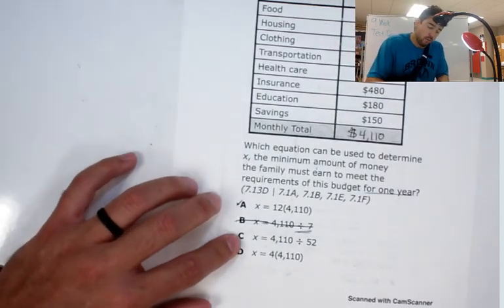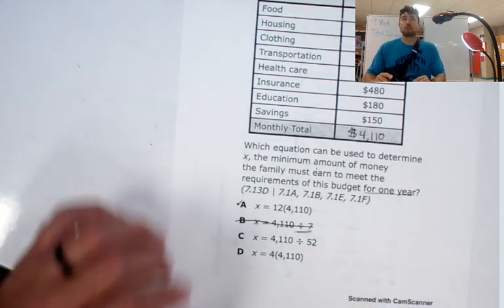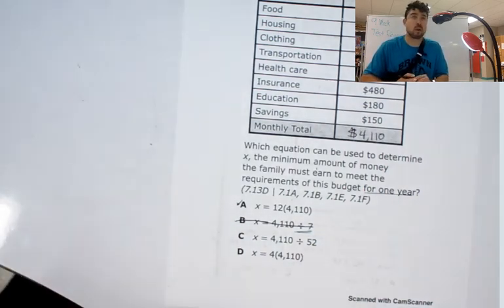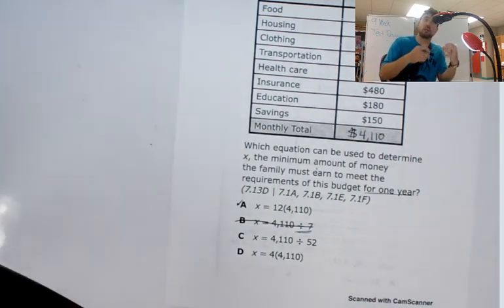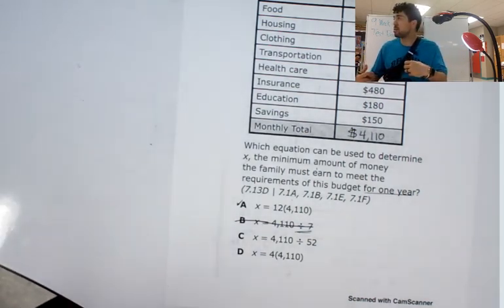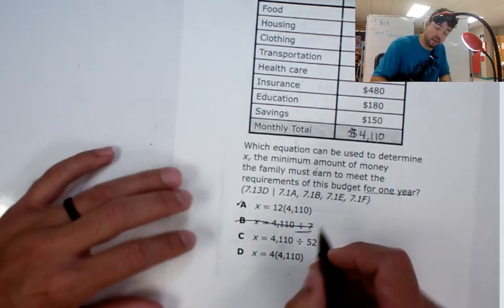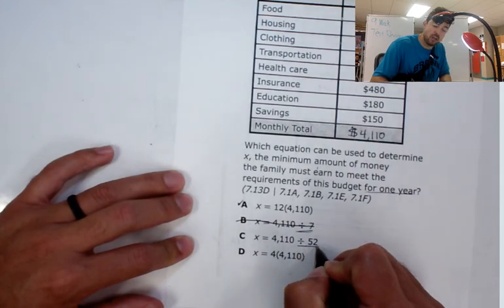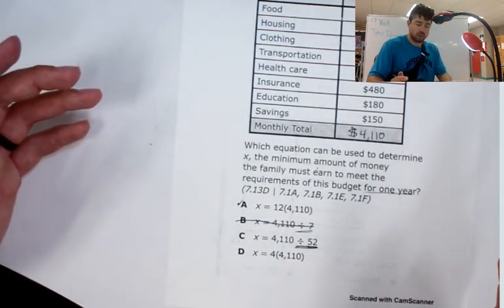C. 4,110 divided by 52. Why would they divide by 52? Think about 52 as it relates to time: days, months, weeks, and years. There's 52 weeks in a year. Are we trying to find out per week? No. It's per month.